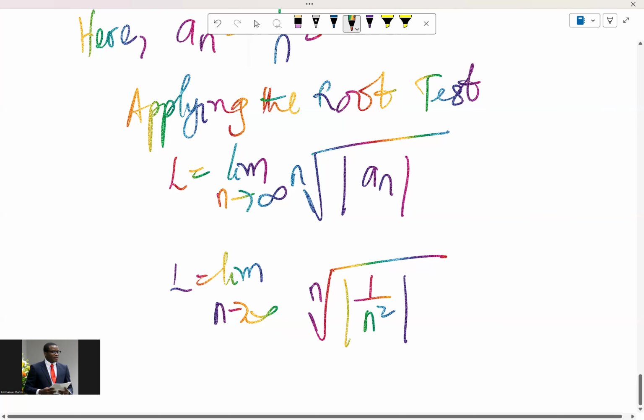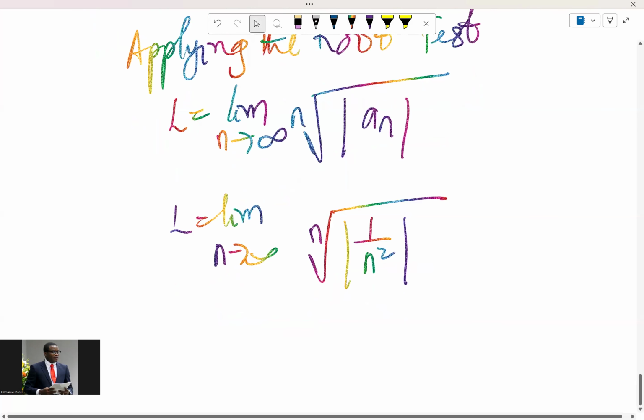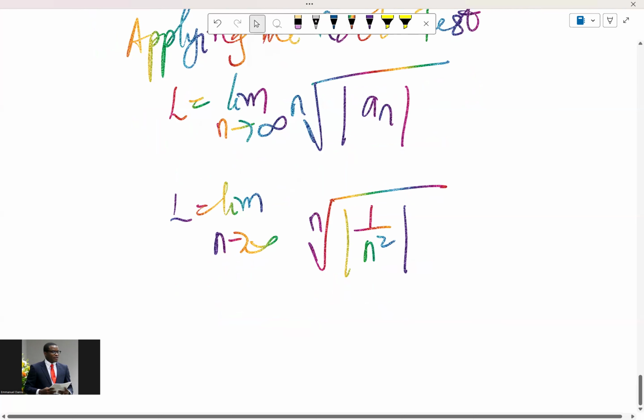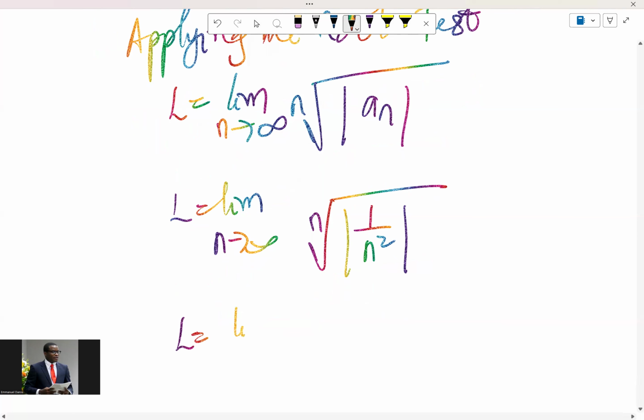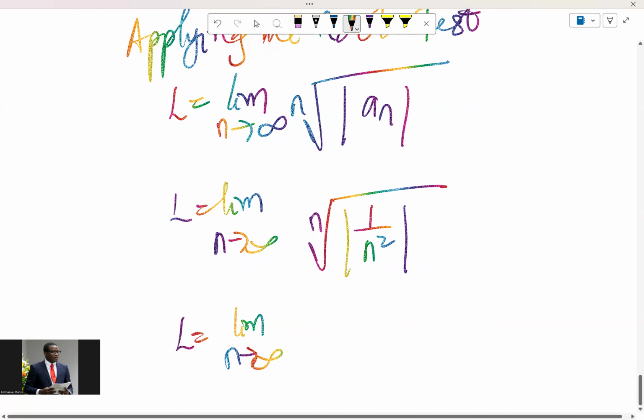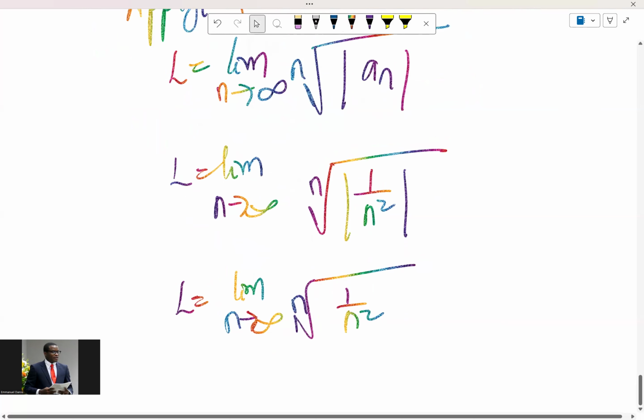Of course, n squared is always positive, so we don't need the absolute value actually. So L is the limit as n approaches infinity of the nth root of 1 over n squared.